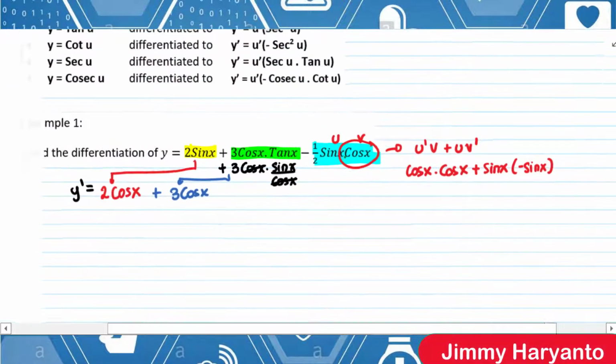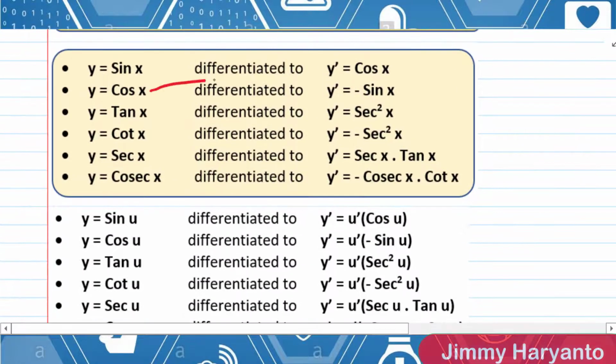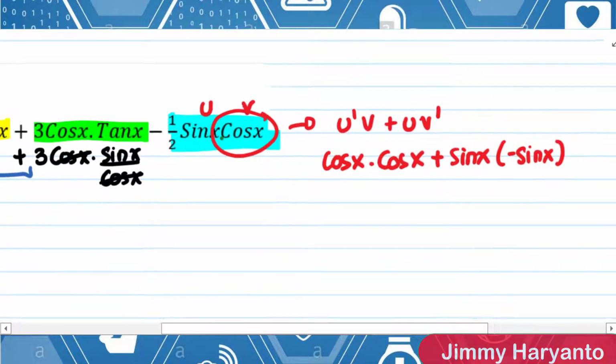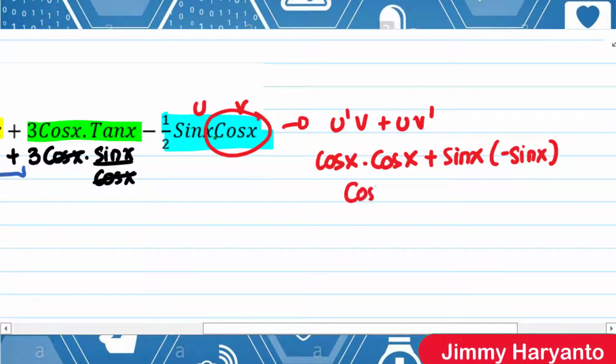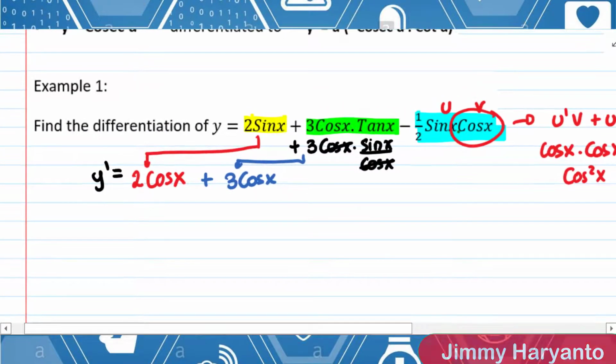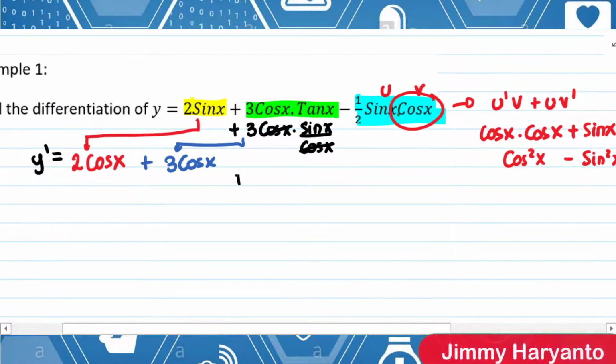Remember, cos will become negative sine x. Okay, good. Next, you will have cos square x and then minus sine square x. So this is the differentiation of the blue one. You only have to put the result right here.